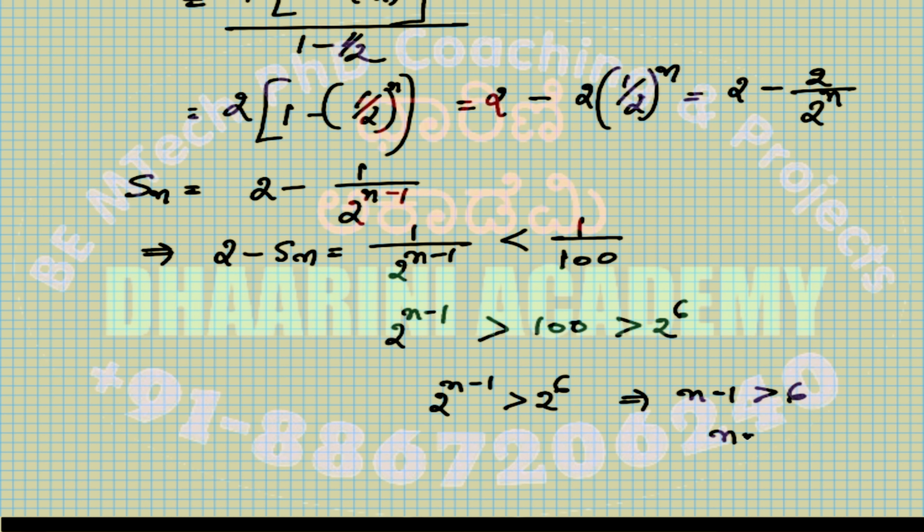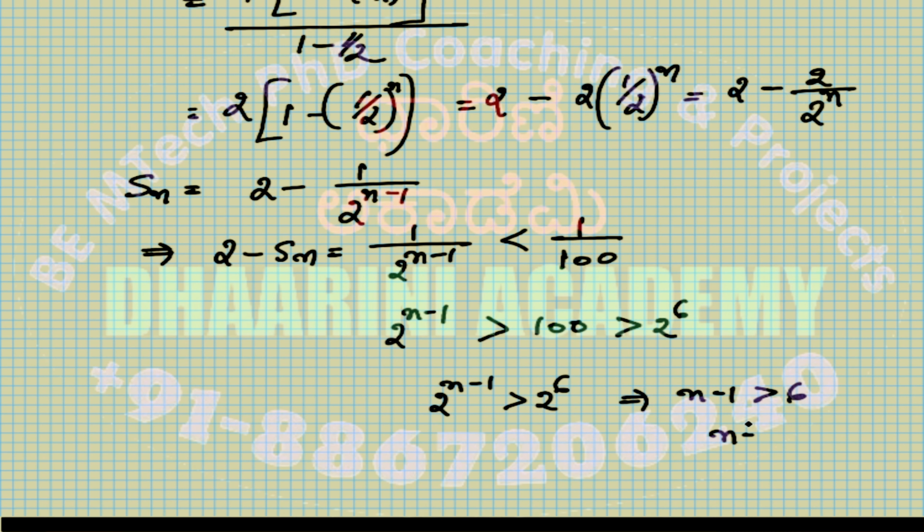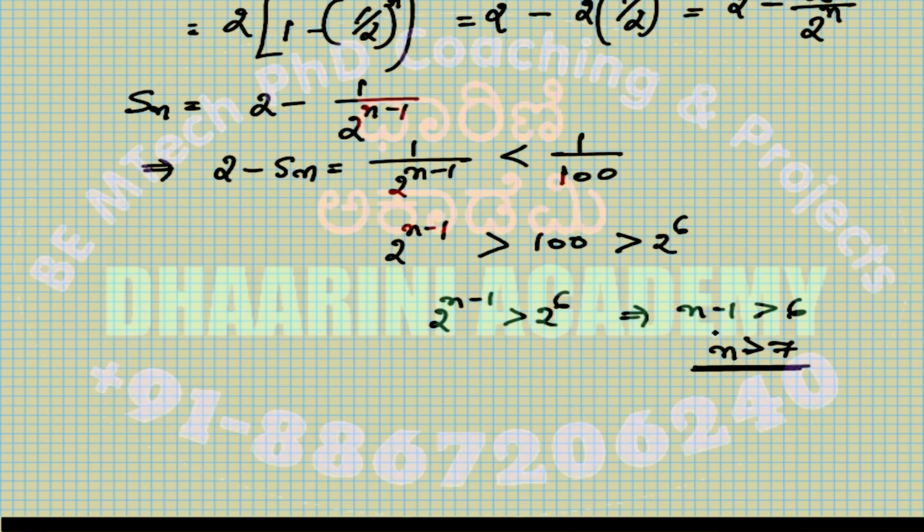So n should be greater than 6 plus 1, that is equal to 7. So at least n should be greater than 7. So what is the minimum value satisfying this condition? That is, the minimum value is 8. That is the required answer.